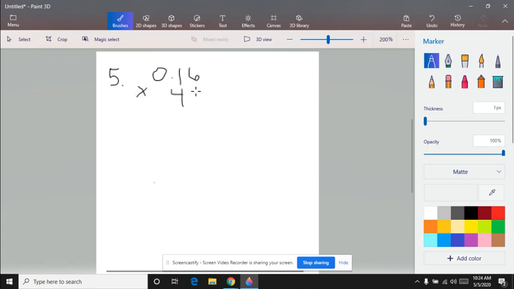Just remember of means times. I'm going to go ahead and just add my 0 here and then ignore it the rest of the time, because remember I said zeros on the right, just keep them. 6 times 4, 24. Carry the 2. 4 times 1 is 4, plus 2 is 6. Then all I have to do is look at my decimals. 1, 2 decimal places, 1, 2 decimal places. So my answer is 6.4.